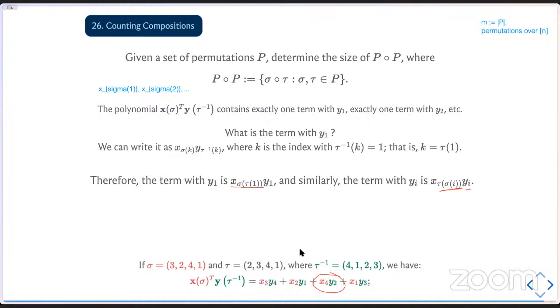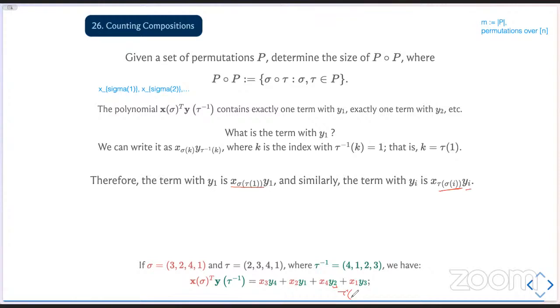But this is really symbol pushing. Just ask yourself where anything is and rewrite it in terms of what its definition was. So for example, if you want to look at y2, well, what was y2? So there's something wrong with that sentence there. Y1 is x of sigma of tau of 1.